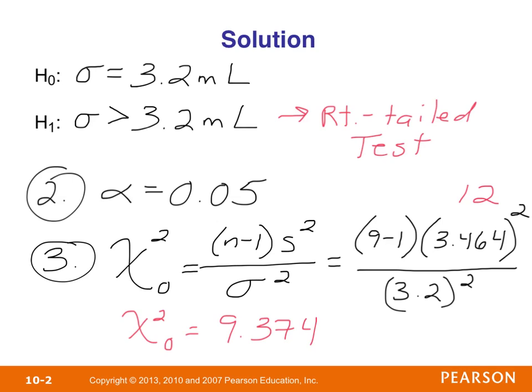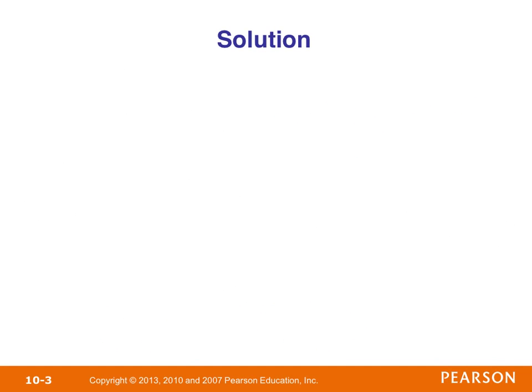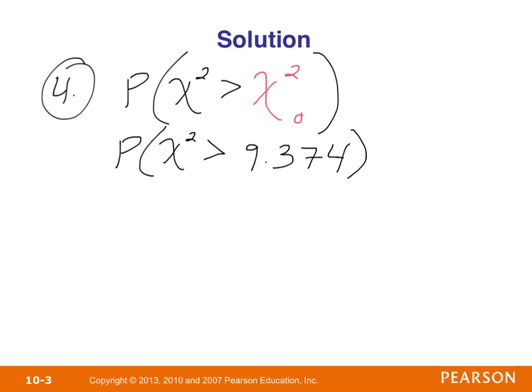Since this is a right-tailed test, I want to know the probability of a chi-squared value being greater than my test statistic. So we can do it using the p-value or the classical approach, but we'll go ahead and use the p-value approach. So we want the probability that a chi-squared value would be greater than my test statistic, which was 9.374. So I'm going to use technology to do that. I'm going to use a TI-84. You can use Excel. It has chi-squared distributions on it.